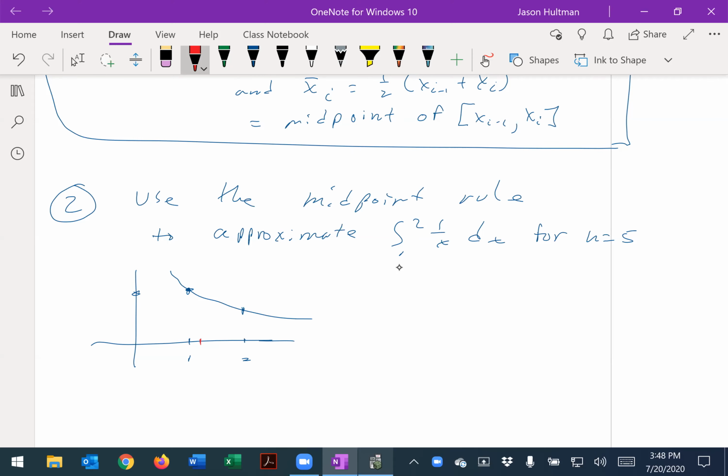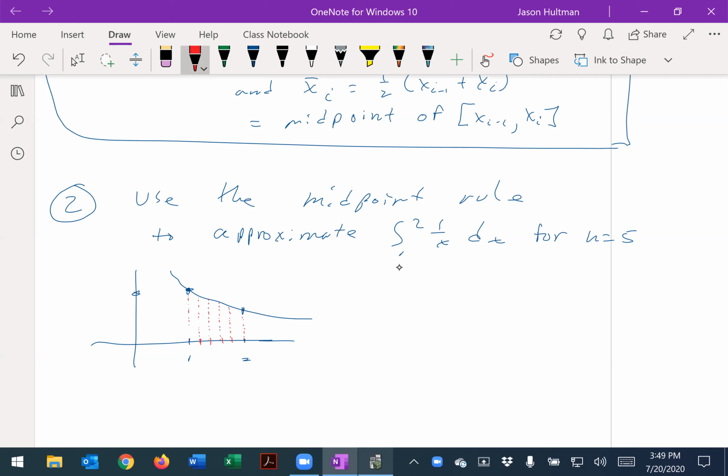I still need 5 subdivisions: 1, 2, 3, 4, 5. But instead of using a right endpoint or a left endpoint, I'm going to use the midpoint.